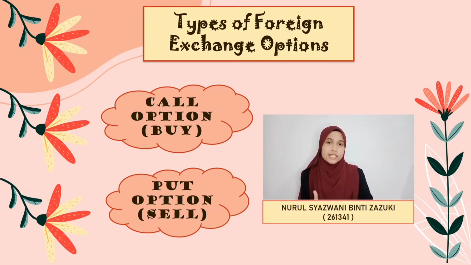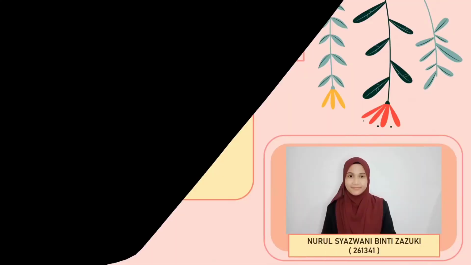Call options give the holders the right but not the obligation to purchase or buy an underlying asset at a specific currency at a pre-arranged rate up to the expiration date. Put options also give the holders the right but not the obligation to sell an underlying asset at a specific currency at a pre-arranged rate up to the expiration date.